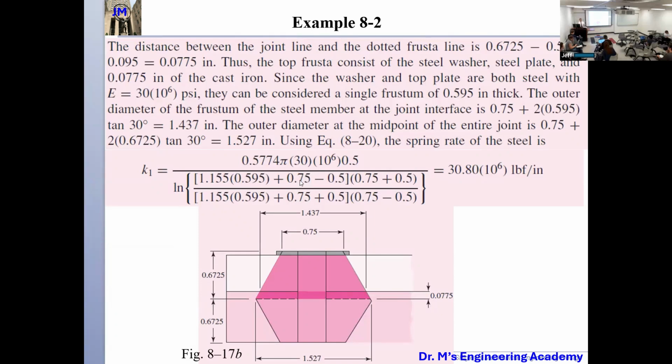As I said, the D value is the diameter of the smaller side of the trapezoid, one of the parallel sides. So this is D, 0.75. For the second thruster, in this case D will be equal to this distance, which equals this one.